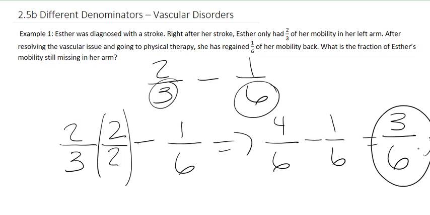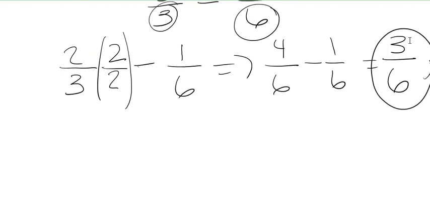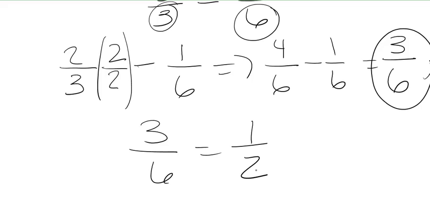So if we reduce this number, it becomes 1/2 because we divided the top and the bottom by 3. So 3 divided by 3 is 1. 6 divided by 3 is 2. So 1/2 of our arm is still not working.